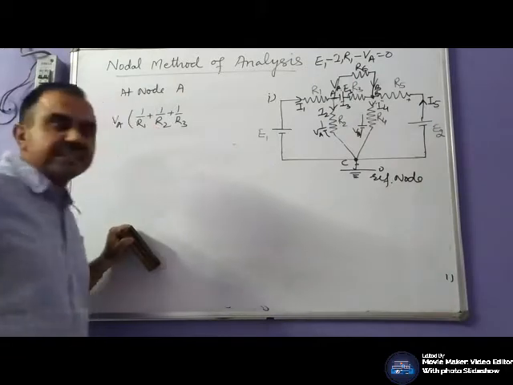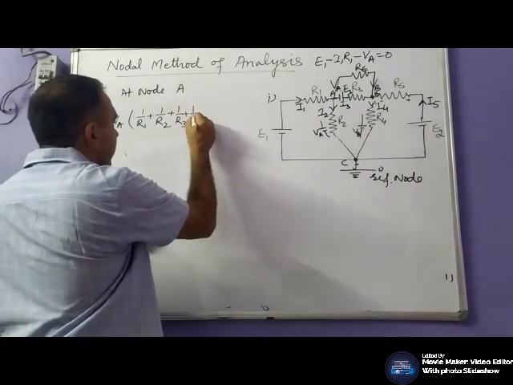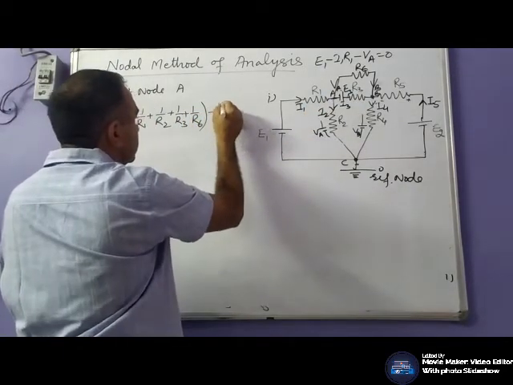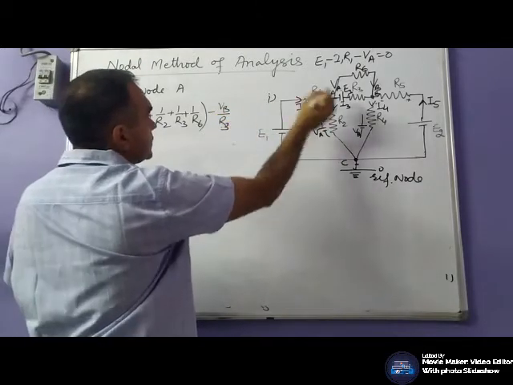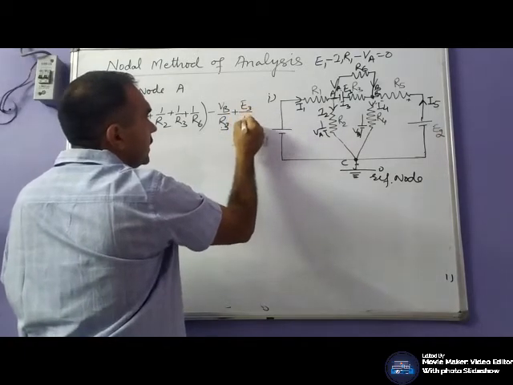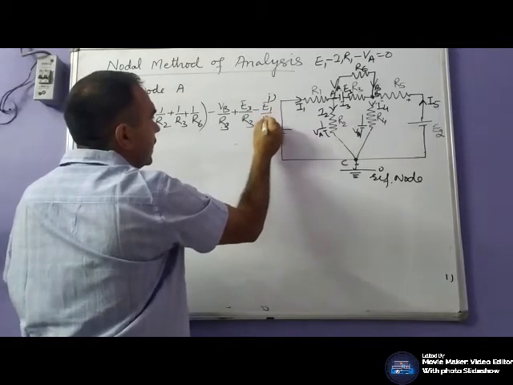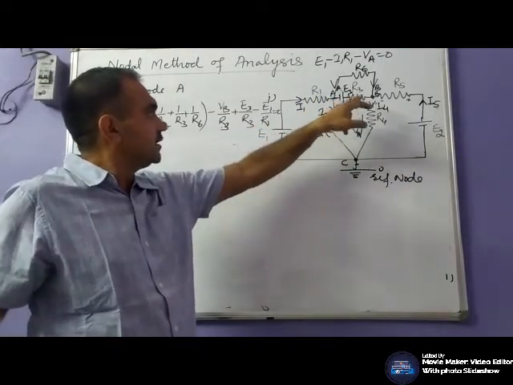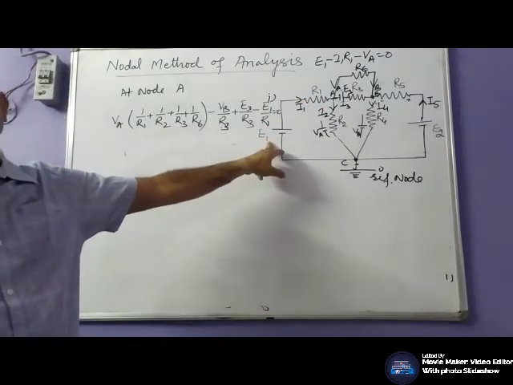Now R6 is also connected with it, plus 1 by R6. Minus VB by R3, plus E3 by R3 minus E1 by R2. ये सोर्स भी कंसीडर कर लिया, VB भी दे लिया, and this E3 is also considered.